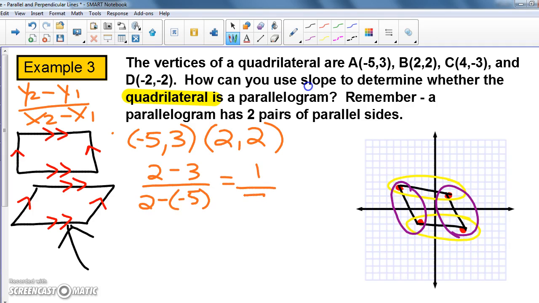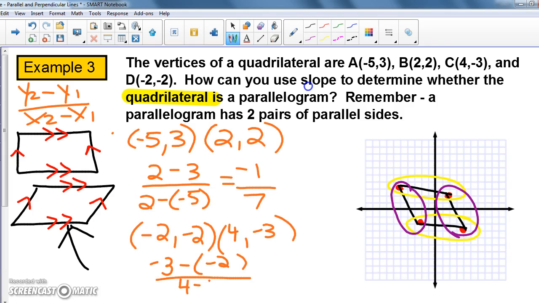That's going to give me -1/7. And if I take the other two yellows, I've got -2, -2 and 4, -3. And that gives me -3 plus 2 is -1, 4 plus 2 is 6. So -1/7 and -1/6. Okay, so those are not parallel, so we're done.